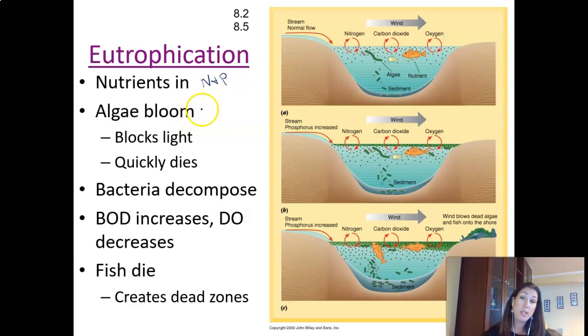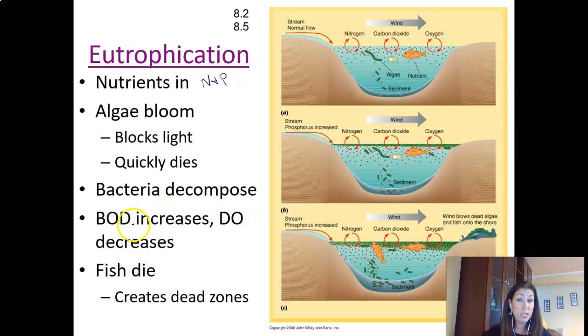Now, an algae bloom is a problem for a couple of reasons. One, it forms that green scum at the top, so that might block light. And that algae will quickly die, and that death will require decomposition. So bacteria will come in to decompose that dead algae.